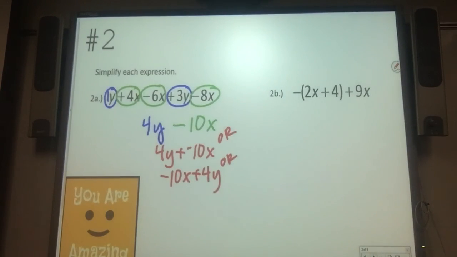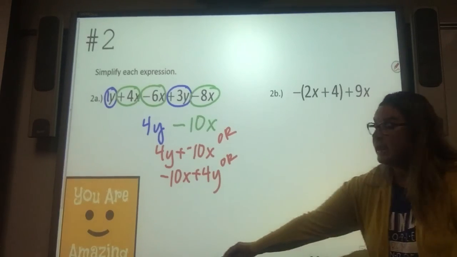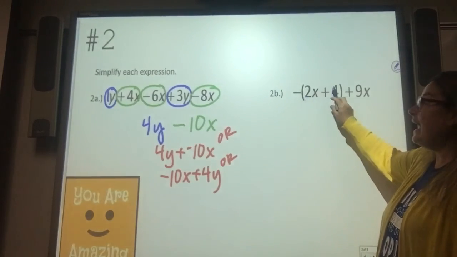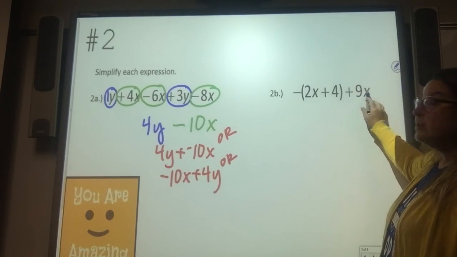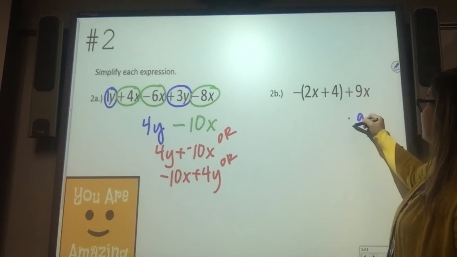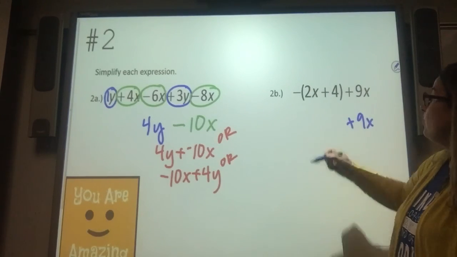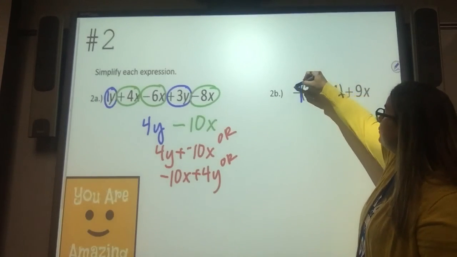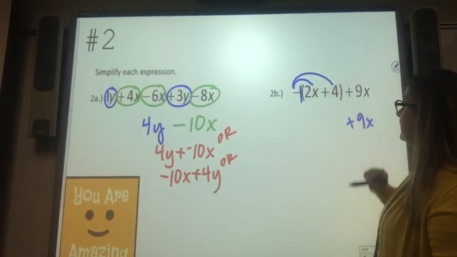Looking over here, negative the quantity 2x plus 4 plus 9x. With this one, there's no number here. And this is a plus sign. So this 9x has to kind of stand alone for right now. What I'm going to do is put a 1 here, and I'm going to distribute negative 1 to each of those terms.